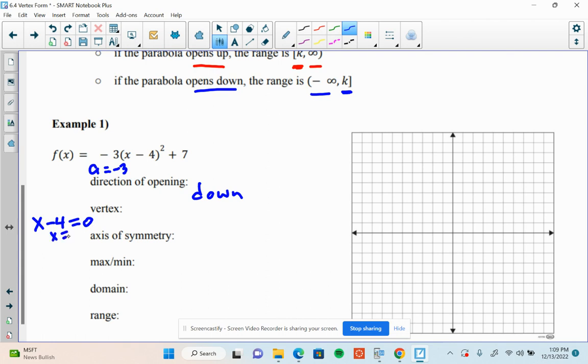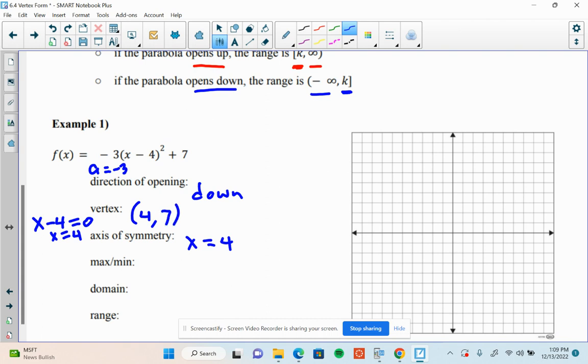That's going to happen when x equals 4. That's actually the equation for my axis of symmetry. And then for the vertex, I need to find the y that goes with the x. If we plug in 4 for x, this piece turns into 0, and 0 plus 7 is 7.